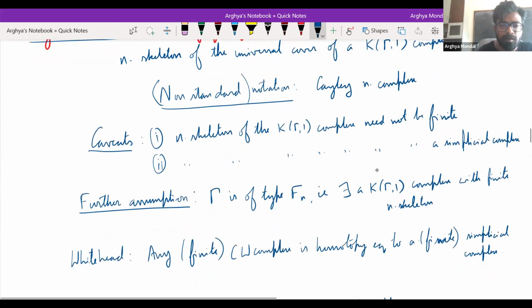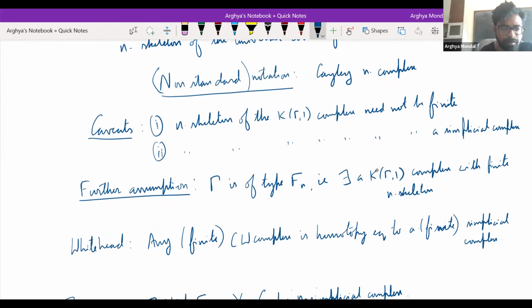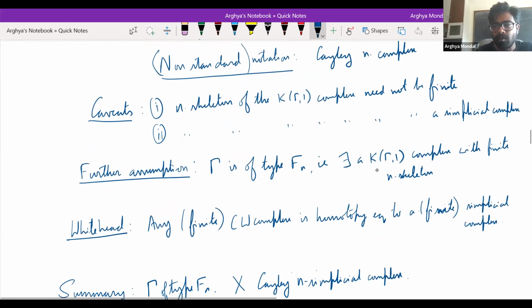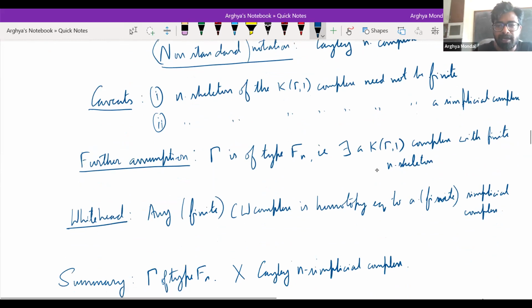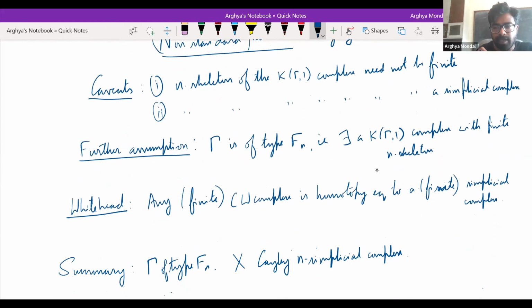And for the other problem, that is not really a problem, because there's a classical result of Whitehead, which says that any CW complex is homotopy equivalent to a simplicial complex. And in fact, if you start with a finite CW complex, you will be able to find a finite simplicial complex which is homotopy equivalent to it. So that is the kind of K(gamma, 1) complex I will start with.